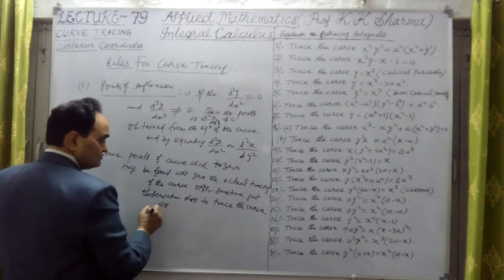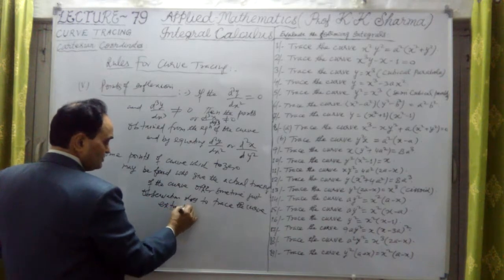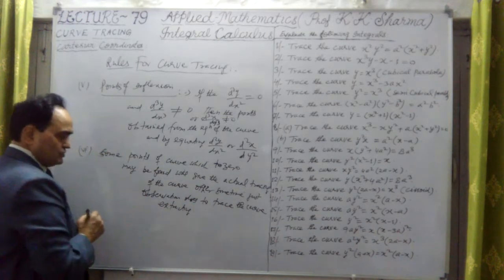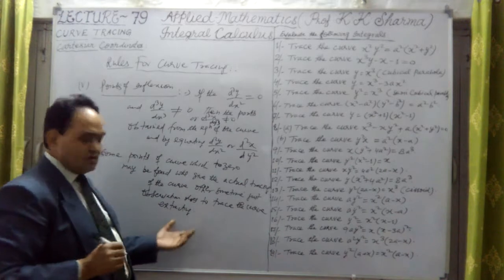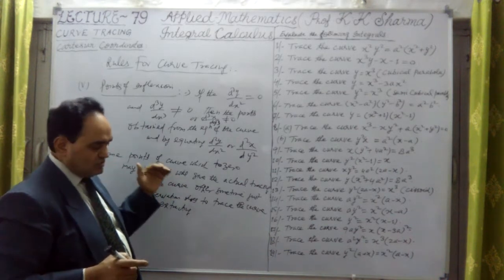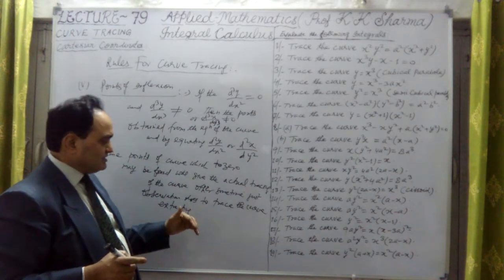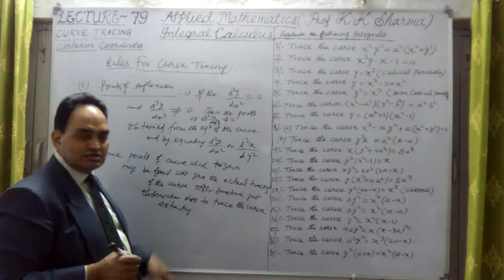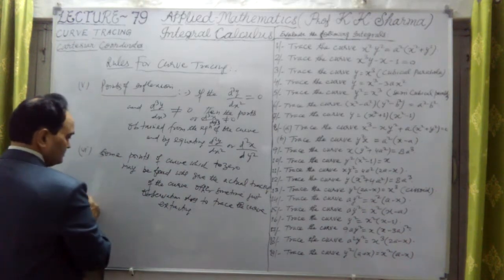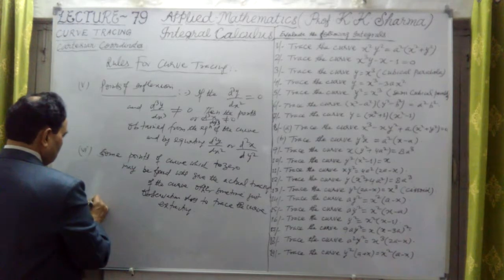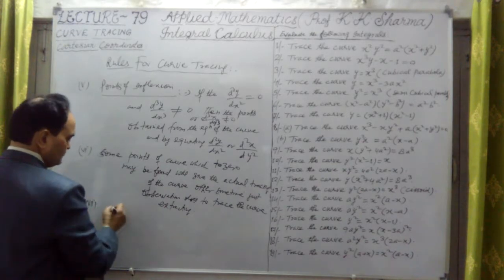So tracing of the curve is to be done with the help of some points. What we do, we have to find out some points, if the curve is crossing the x-axis or cutting the x-axis or not cutting the x-axis. So that we have to discuss. Seventh point, let me talk about.